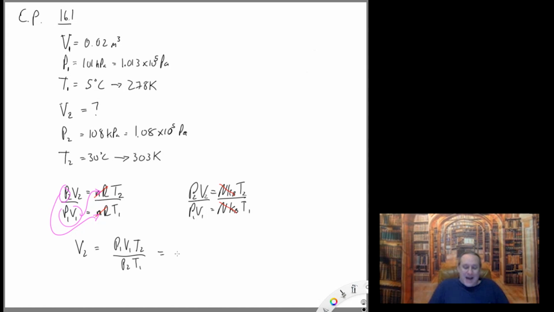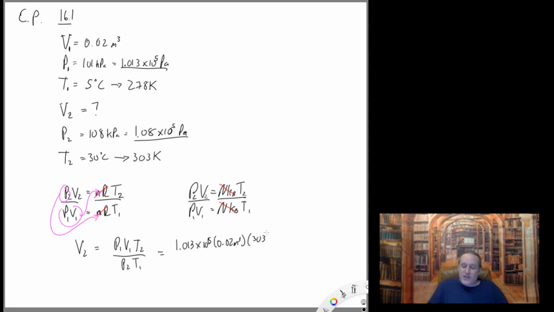So I changed things to pascals, but we could have kept them in kilopascals because those units would have canceled anyway. But we'll use pascals. We have 1.013 times 10 to the fifth, because you can never go wrong if you put them in pascals, times the V1, which is 0.02 cubic meters, times the T2.